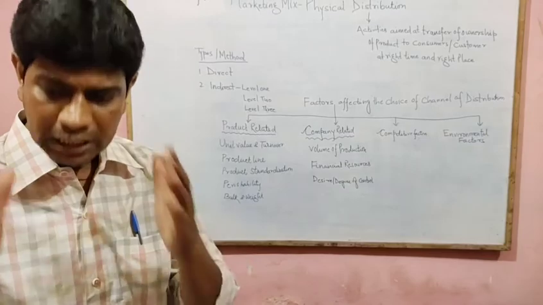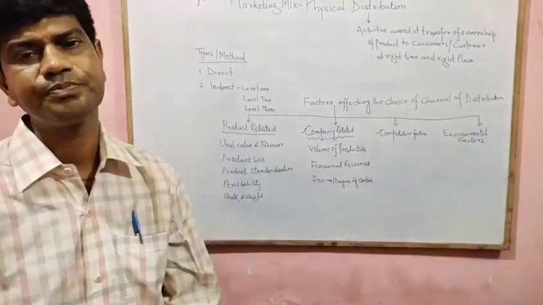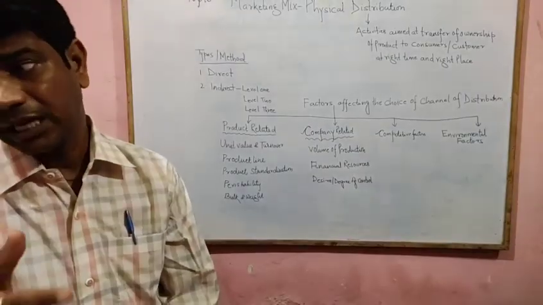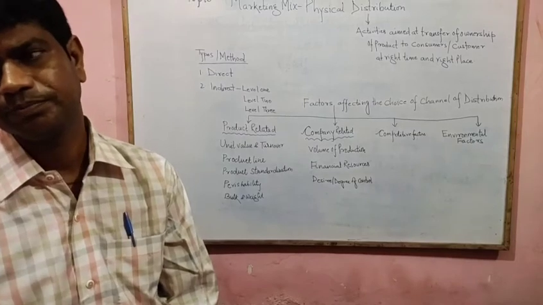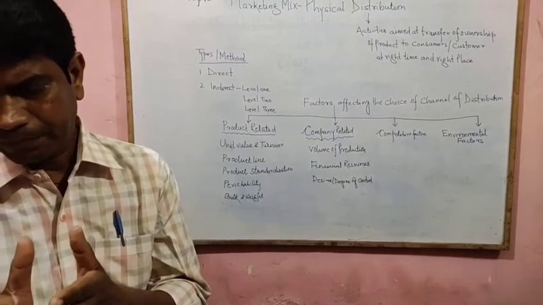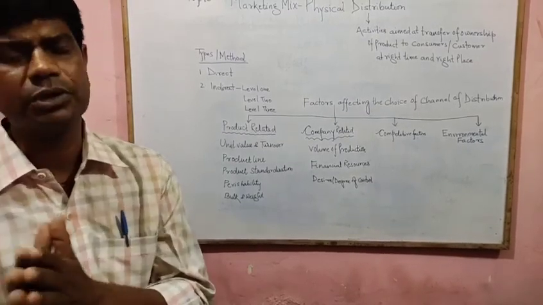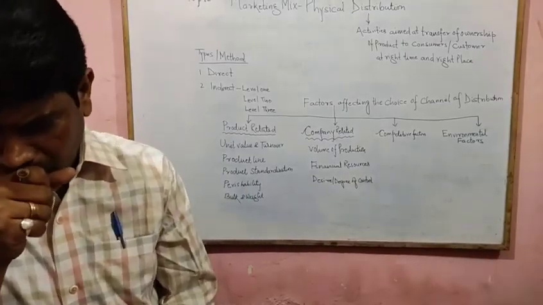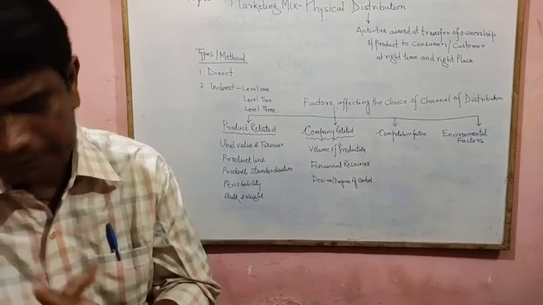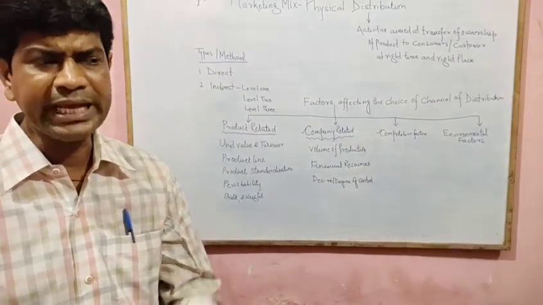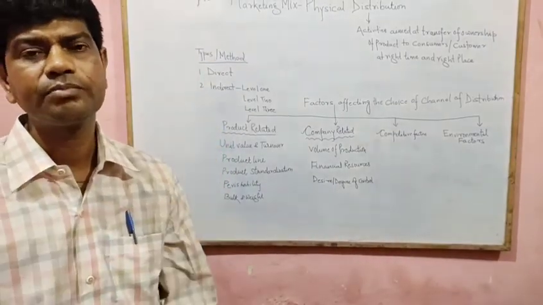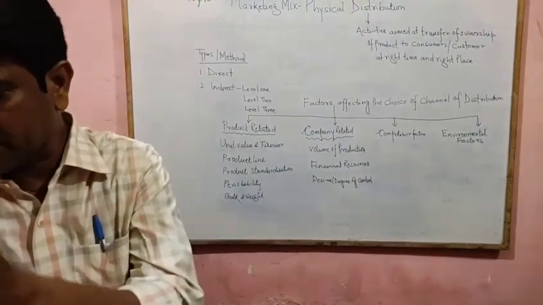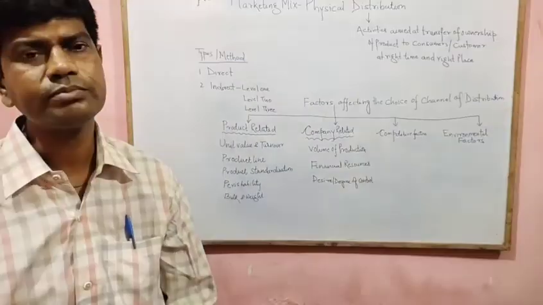So they have a function of accumulation. Then the next function is allocation. Allocation means the wholesaler or middleman distributes the goods as per the demand. They break the bulk into small quantities and supply it as and when demanded.